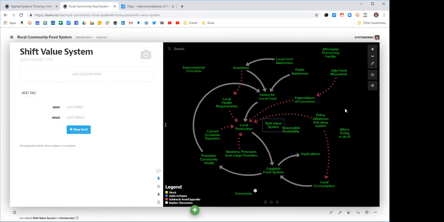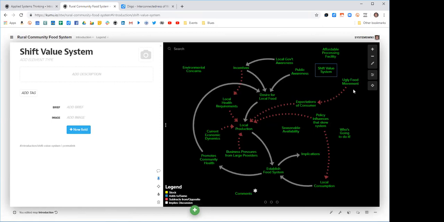Those are pretty basic things. As soon as a larger portion of the public shifts their value system and understands the value of keeping those local systems in place, and the economic spin-offs.